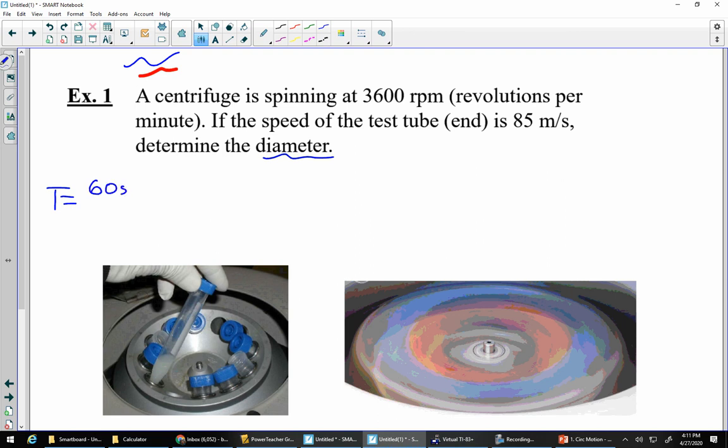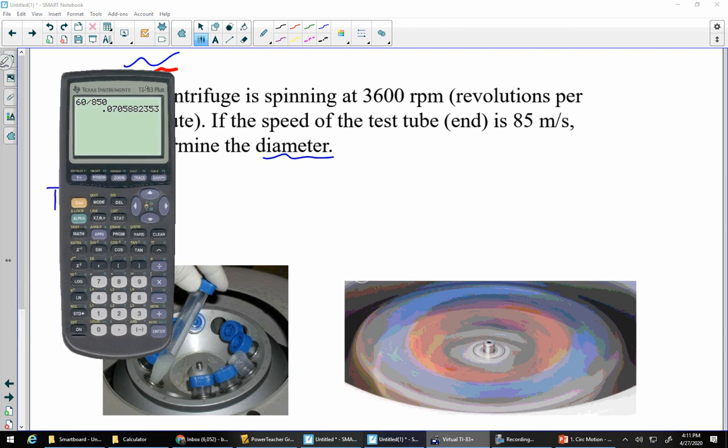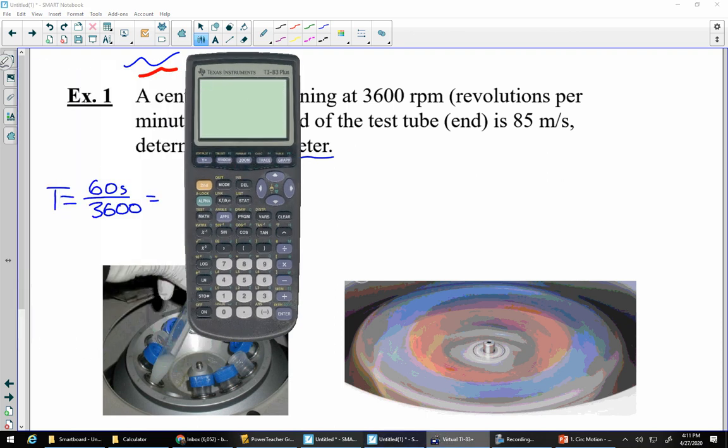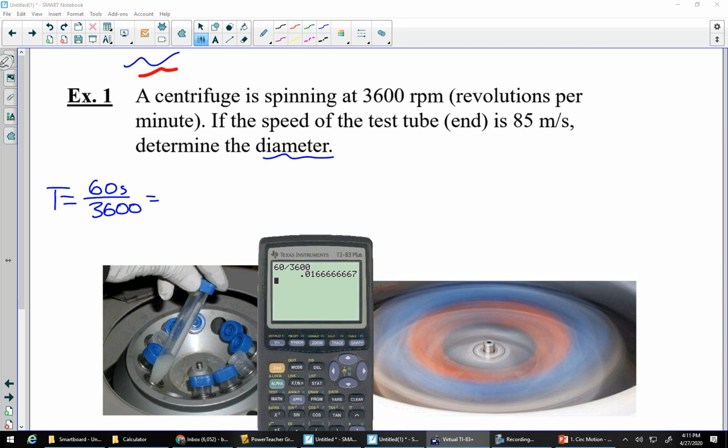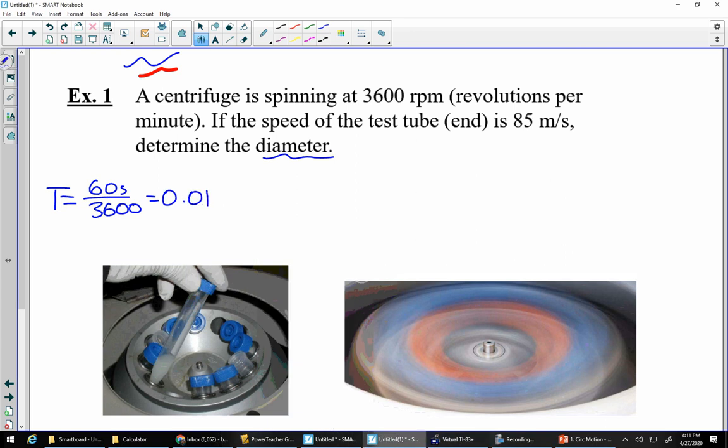So that's 60 seconds for every 3,600 cycles. I feel like I should be able to do that one in my head, but I'm going to use a calculator. So 60 divided by 3,600. There we go. 0.0166667 seconds. So there's the period, the amount of time it takes for one cycle. Not a lot of time for it to go around once.